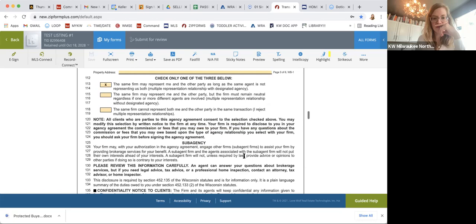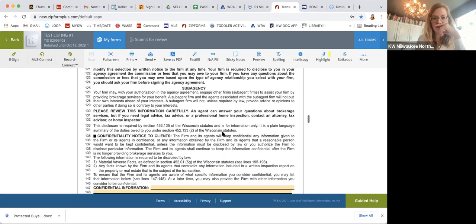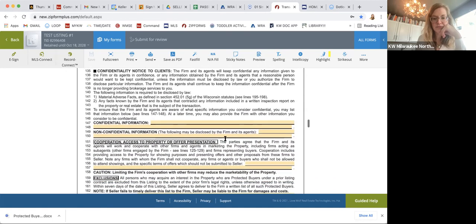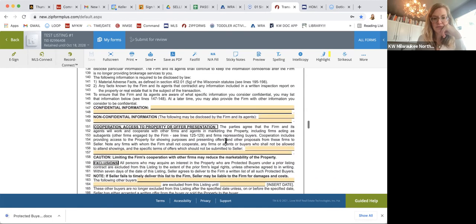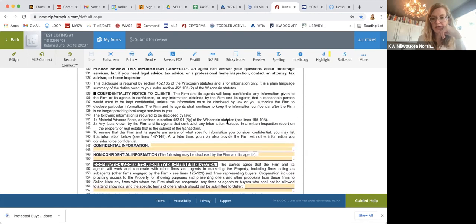I'm just going through this. Sub-agency: you're giving us authorization to call on other brokers to help sell the property. Confidentiality: I owe you confidentiality in this contract, of course.